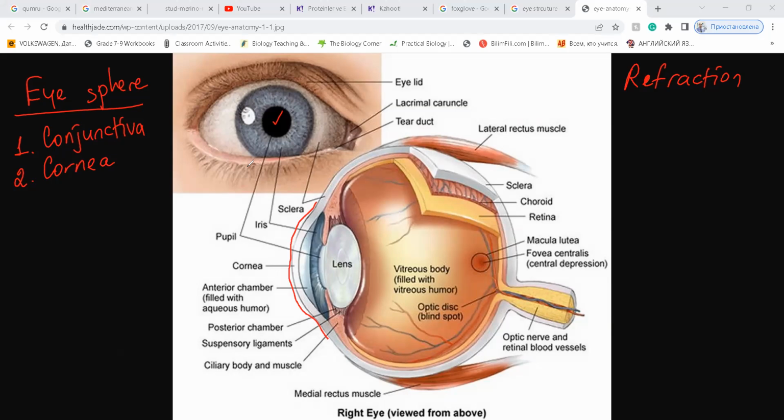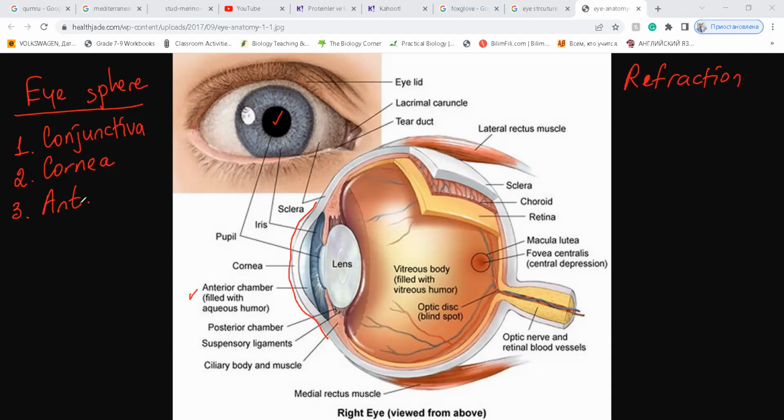Then under the cornea, look guys, we have the anterior chamber. It is actually a space, but in this space, we have aqueous humor. Anterior in biology, in Latin, in medicine, means the frontal one.